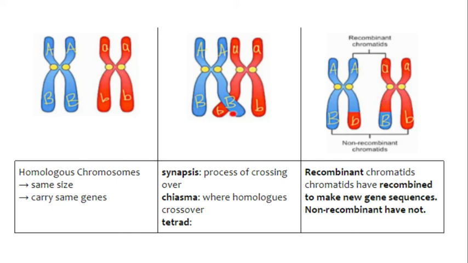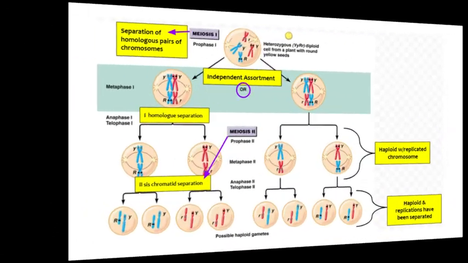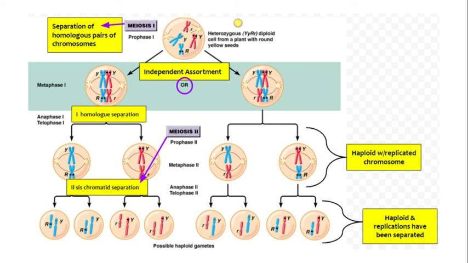And the non-recombinant genes have not recombined. So that's crossing over. And I have a link in your doc to this diagram. I just didn't have enough room to keep it in there and keep this Google Doc as short as possible. But just a couple things to go over.